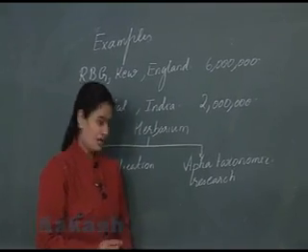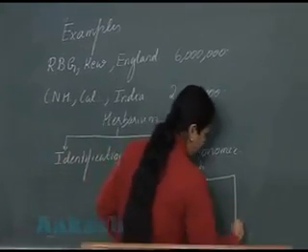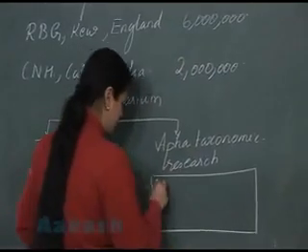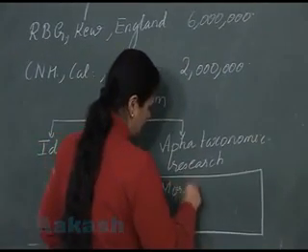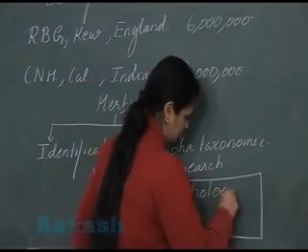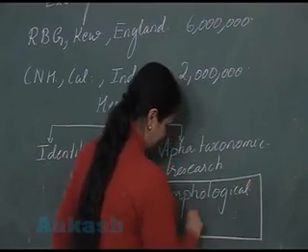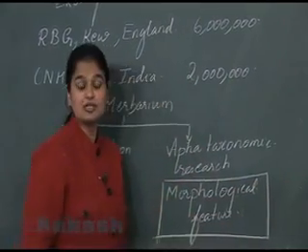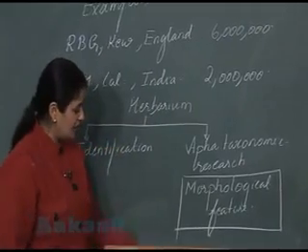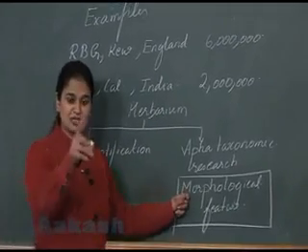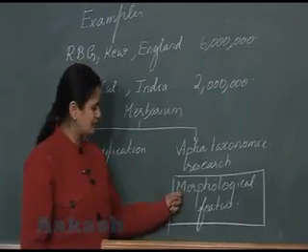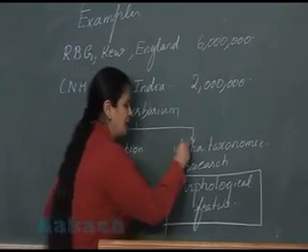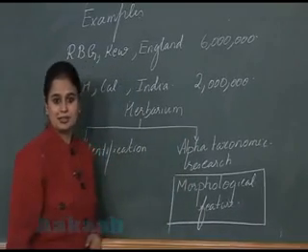Got this? So with the help of herbarium specimens, morphological features can be studied, and the taxonomy which deals with morphological characteristics is known as alpha taxonomy.